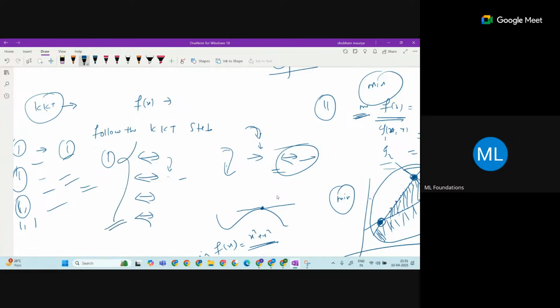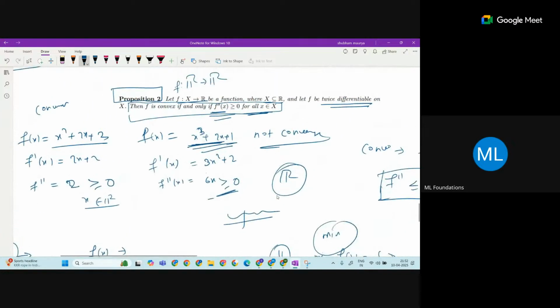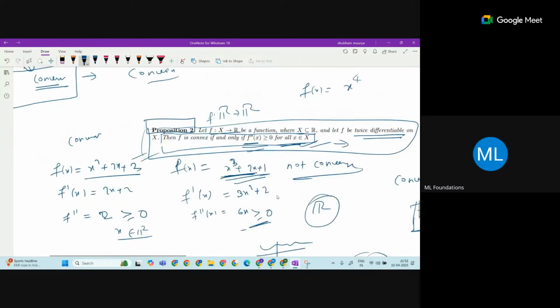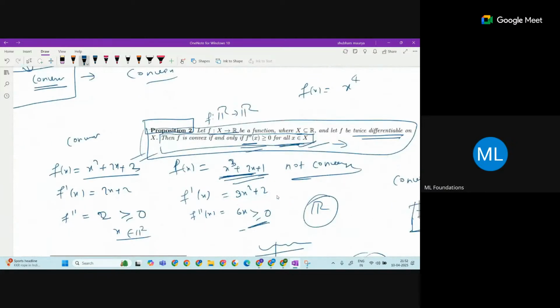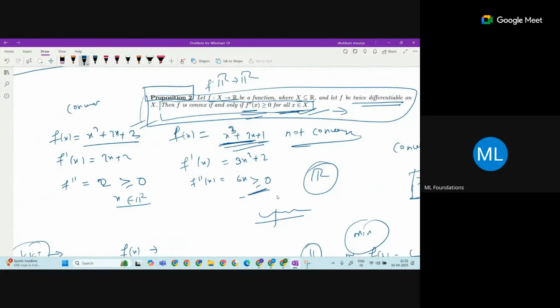And this is another important one: if your double derivative is greater than or equal to 0, for a function of one variable that is twice differentiable, this is a very fast trick. These two are actually important from my side for the interim, and are enough to deal with week 9 and 10.